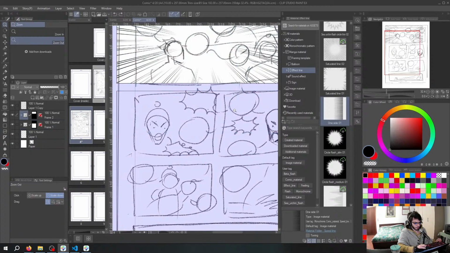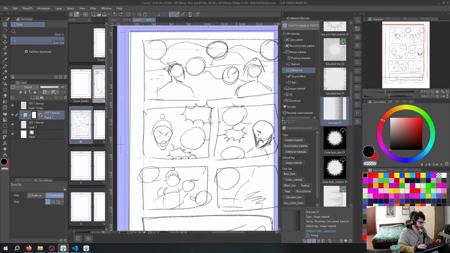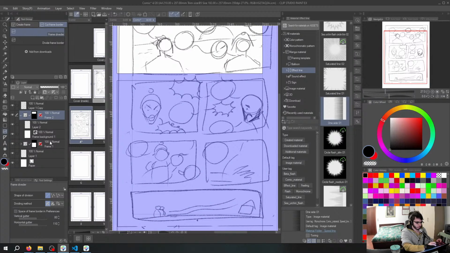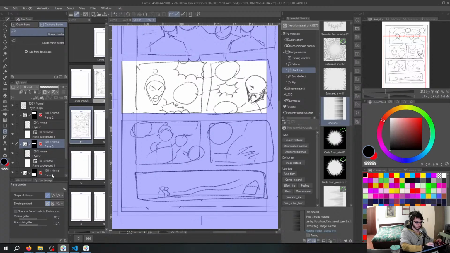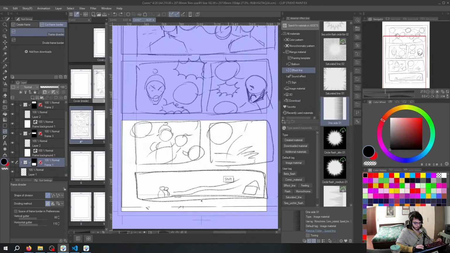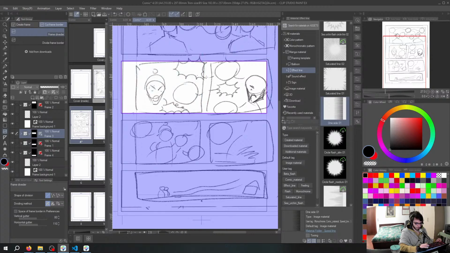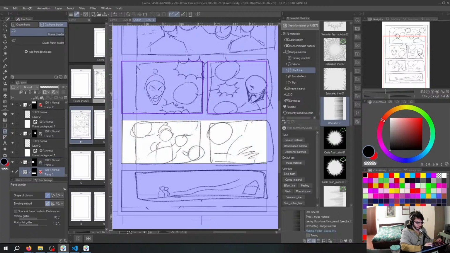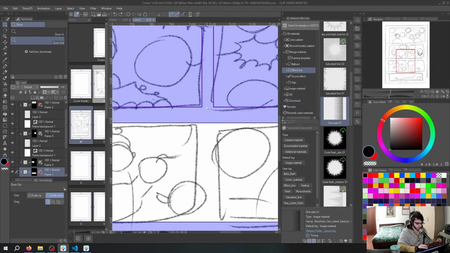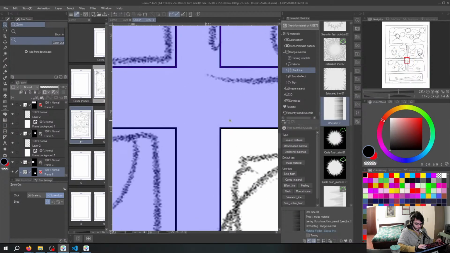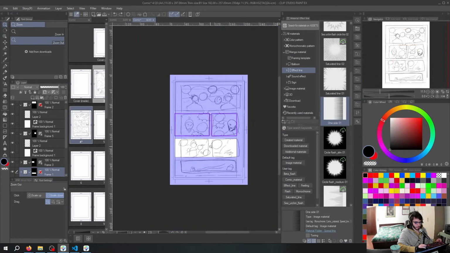Since I think I'm gonna make the vertical a little bigger. Okay, I'm gonna get crazy. Also, why is this blue?